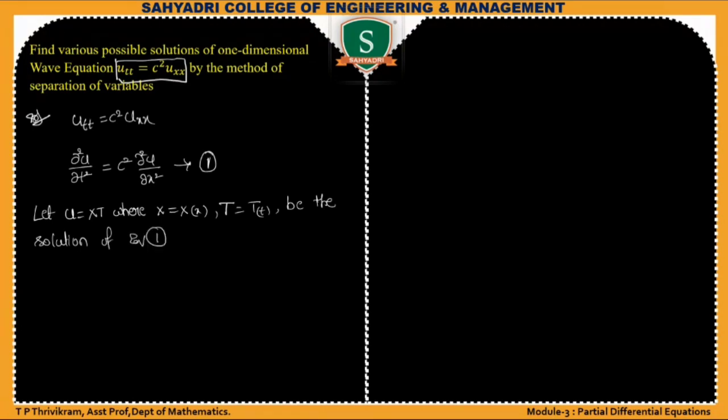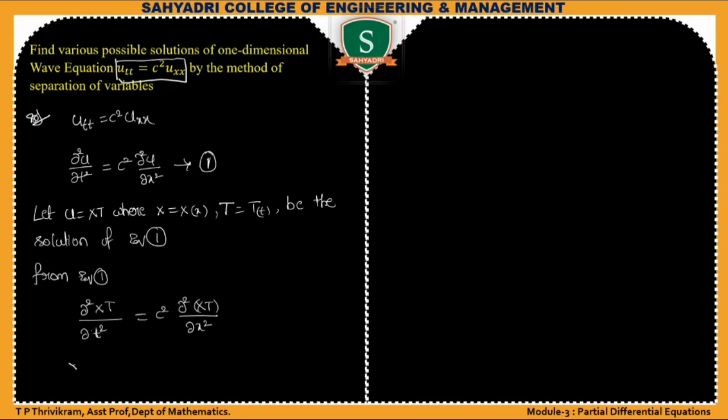Okay, so from equation 1, if we substitute the u value, del square XT divided by del t square is equal to c square del square XT divided by del x square. Here we are differentiating with respect to t, taking X constant.